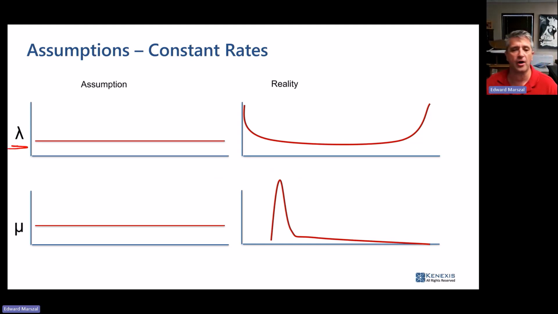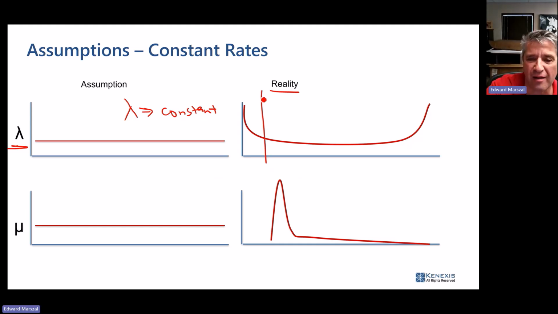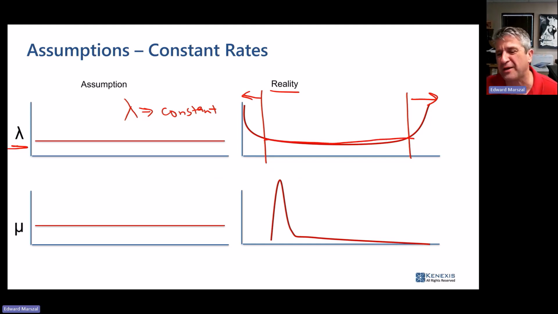We all know that we're going to assume that the failure rate is constant. And basically we feel comfortable about that because we know that the reality is the bathtub curve. And we say, well, if we throw away infant mortality, if we throw away the wear-out failure regime, we're going to be pretty close to a constant failure rate.